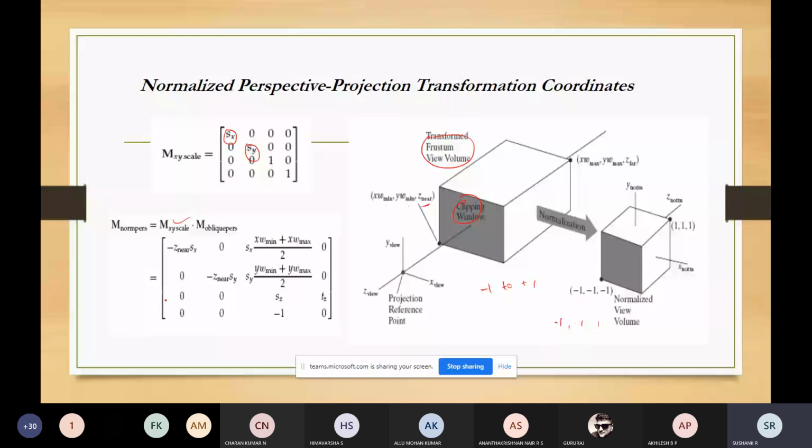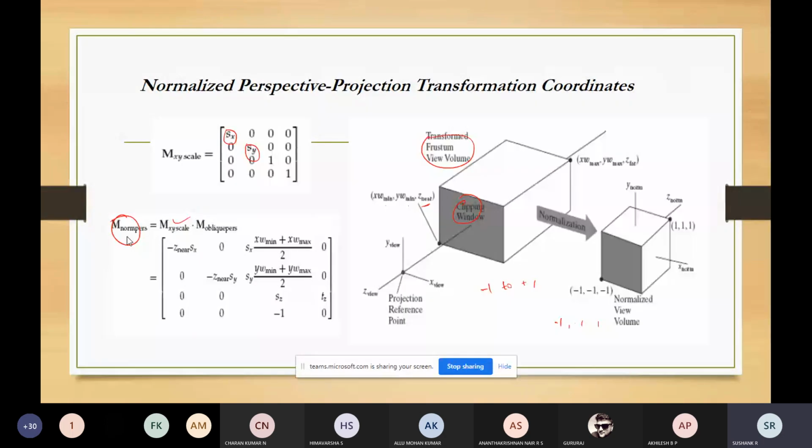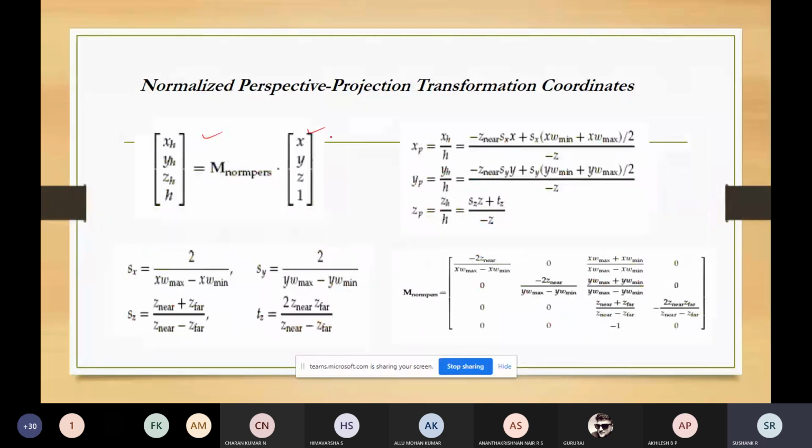We also have the homogeneous coordinates, represented by the formula xh is equal to the matrix which we have obtained here times the coordinate positions. The projection coordinates are given by xp is equal to xh by h, yp is equal to yh by h, and zp is equal to zh by h. These are the values for them.